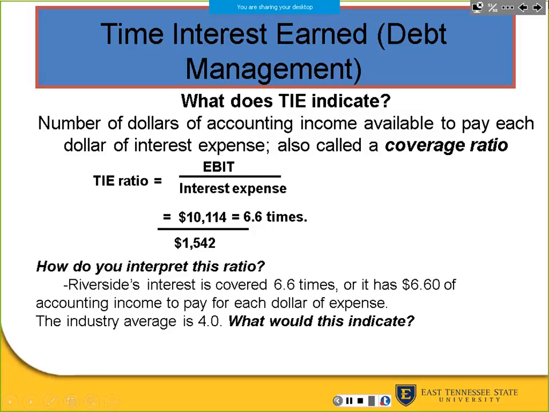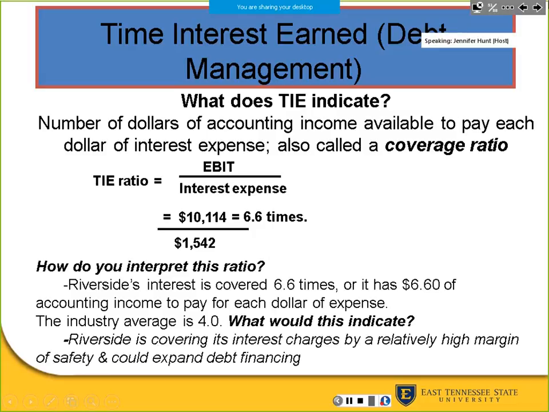If the industry average is 4.0, obviously we're going to see that we have a relatively high margin, and we could expand our debt financing because we're in such a good position at 6.6 times versus the industry average of 4.